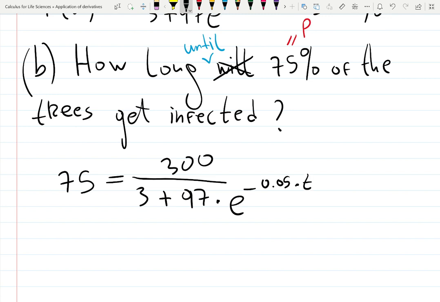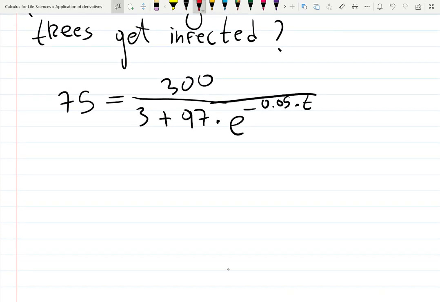And now we need to solve for t, which is kind of annoying because it's in the denominator, but it's not as bad as you think. So don't be afraid of that. We need to dig this t out of the exponential function, out of the denominator. The whole idea, which I teach you, is to isolate the exponential, but it's inside the denominator.